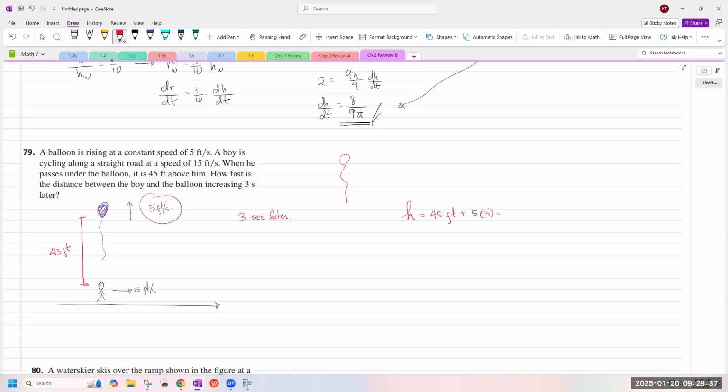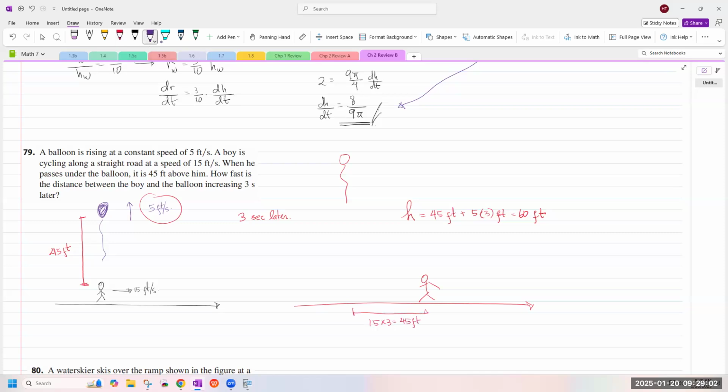So that will be 60 feet. The height is 60 feet at that time. And the boy is no longer right below it. It's already somewhere to the right here. The distance here will be 15 times 3, which is 45 feet.